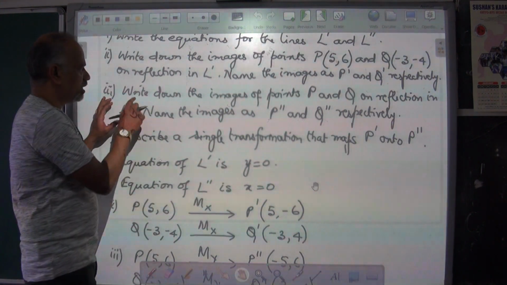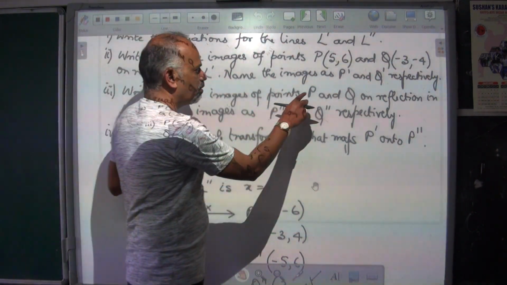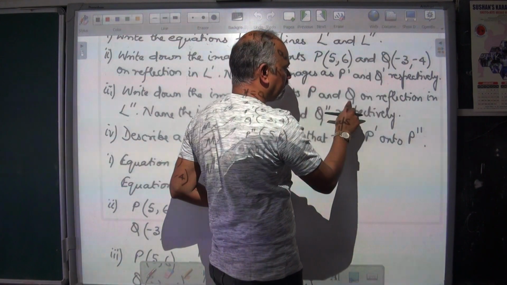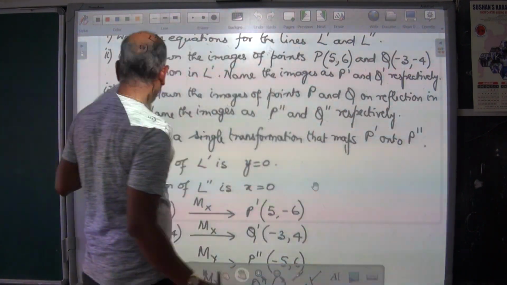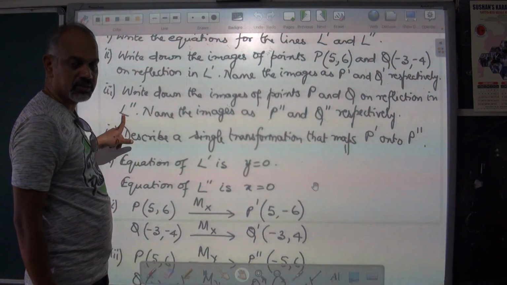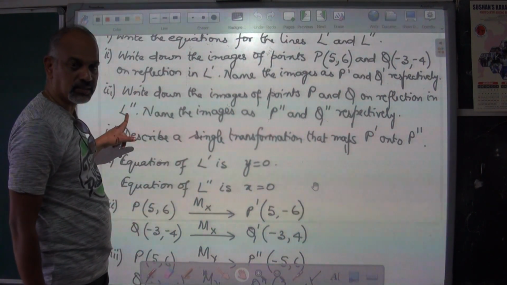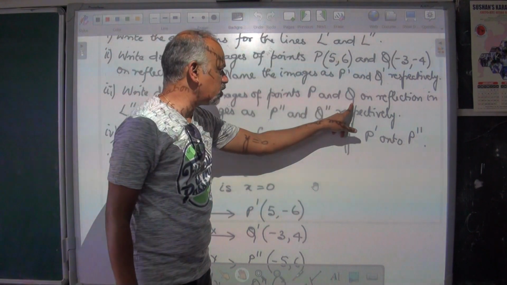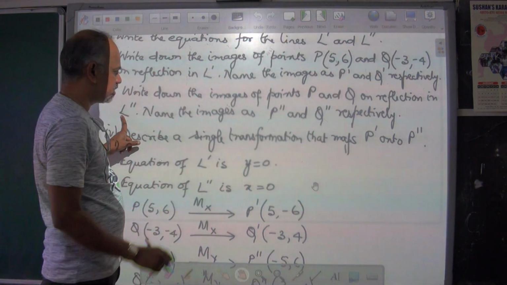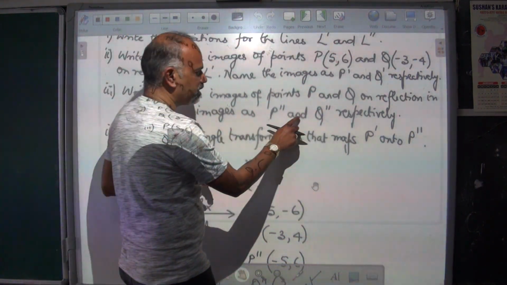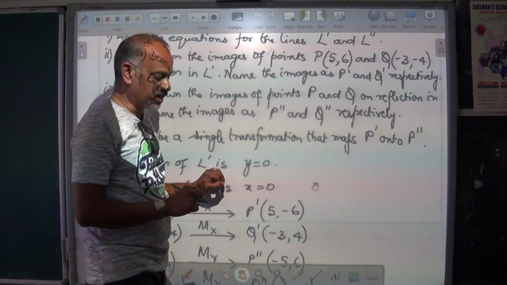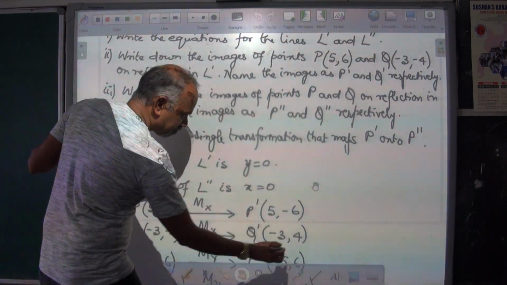The third question is, write down the images of the same points P and Q on reflection in L double dash. L dash was the x-axis, L double dash is the y-axis. Now you're going to reflect P and Q on the y-axis. Name the images as P double dash and Q double dash respectively.